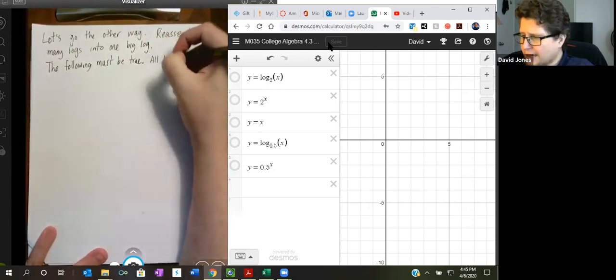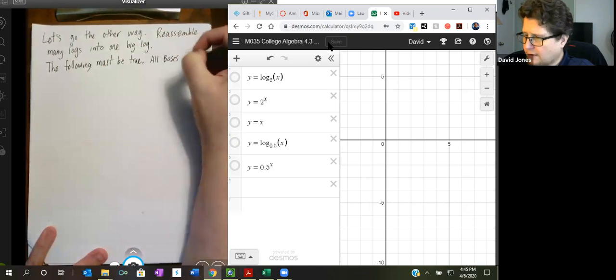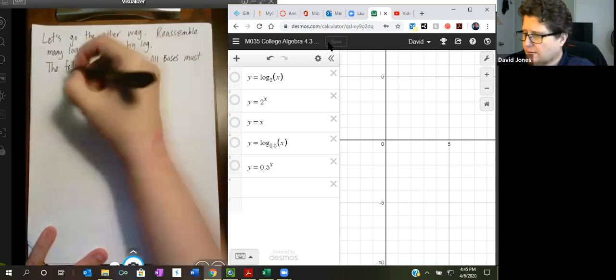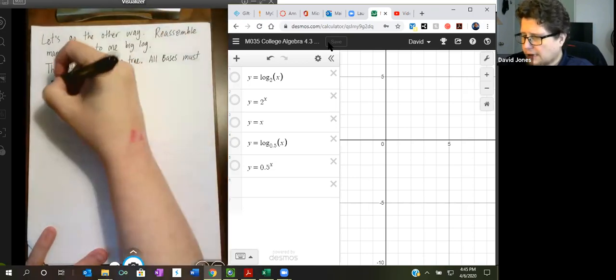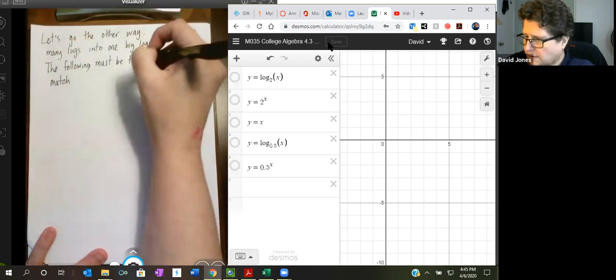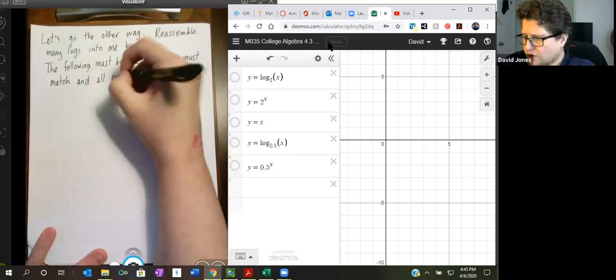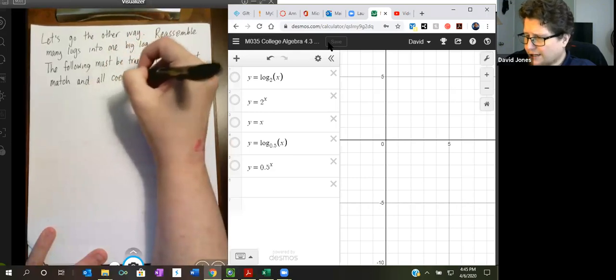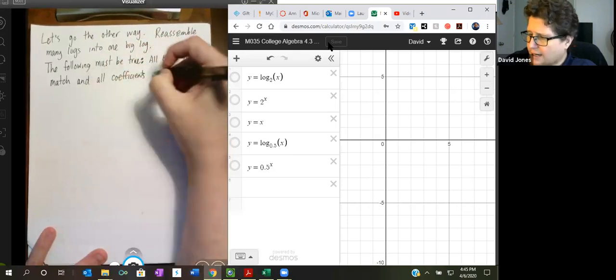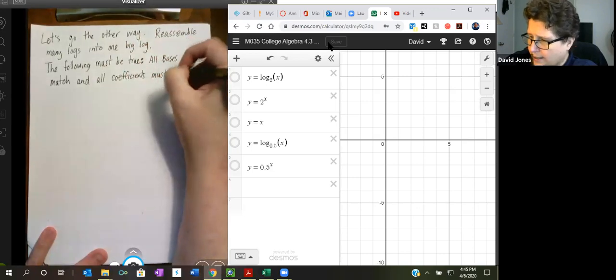All bases must match. And all coefficients, the numbers in front, must be 1.